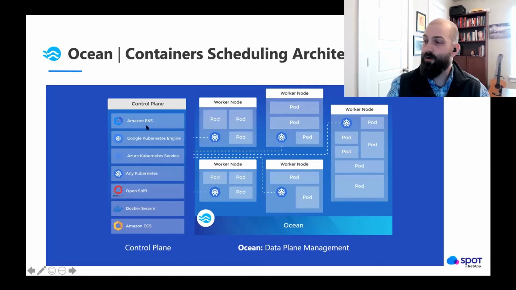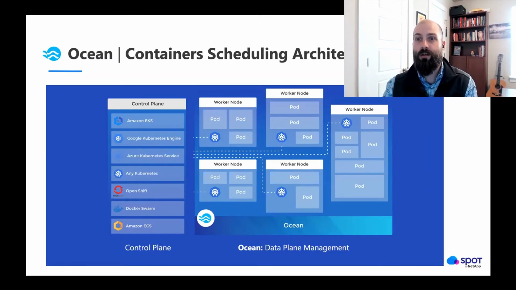And as your control plane deploys your worker nodes and pods, we actually will automate the underlying server or compute layer to run all of the nodes that you have. So again, all we focus on is the data plane, not anything to do with the control plane. So whatever Kubernetes controller you're using today is going to be the exact same thing that you'd be able to continue using with Spot.